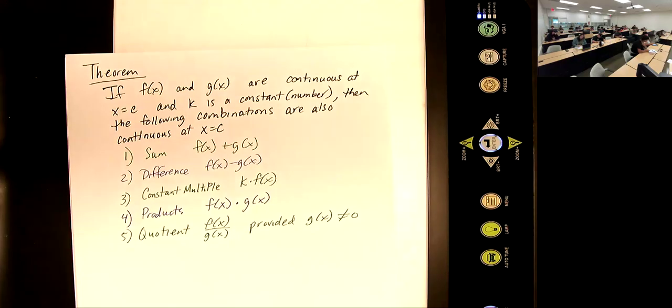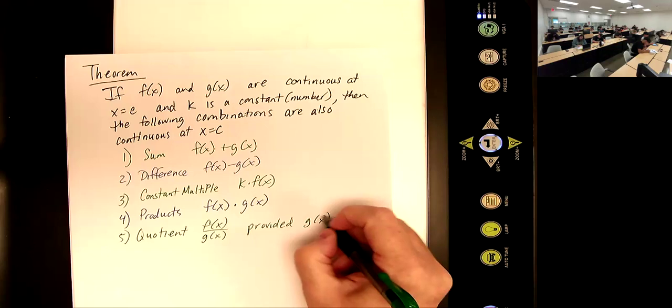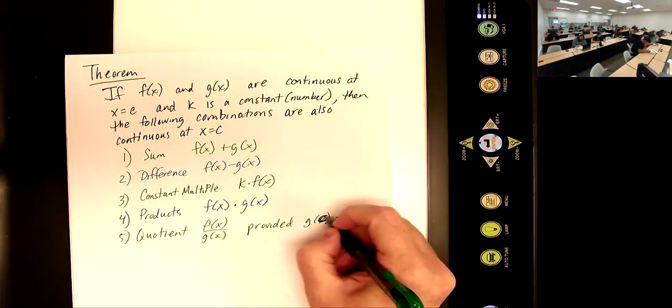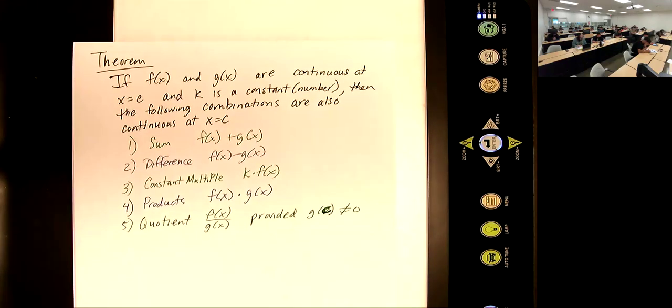Well, let's say g of c. We're talking about continuity at the point, so we only need to worry about that point. g of x can equal 0 elsewhere, as long as we're talking about just c.